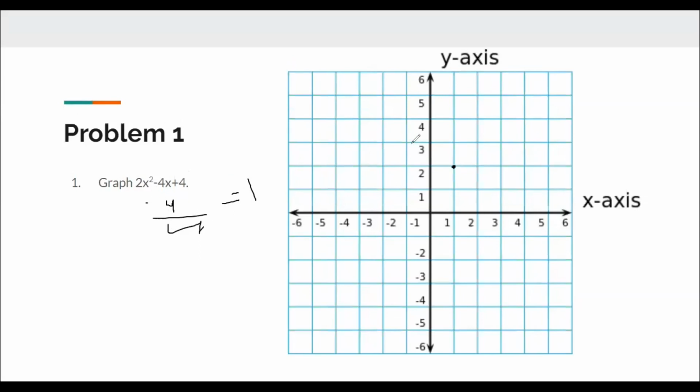Now we can just look for another point, which would help a lot. Let's just look at 2, for example. And this is just going to be 8 minus 8 plus 4. So it's just 2 comma 4. So the general shape's going to be something like this. It's going to be like this, and then it goes up like that.